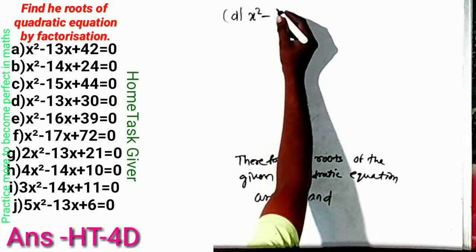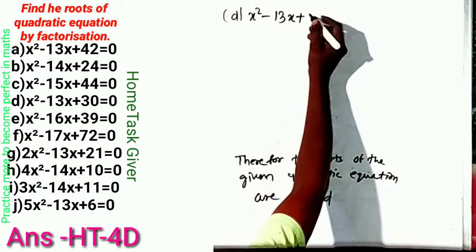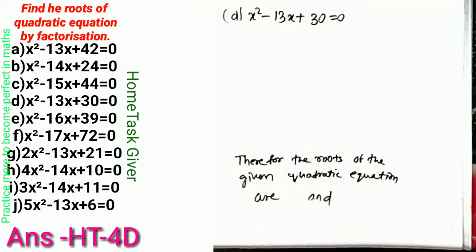X square minus 13x plus 30 equal to 0. So split. Here the constant is 30 and the coefficient of x is 1. So 1 into 30 is 30.